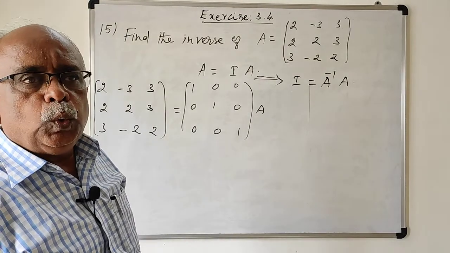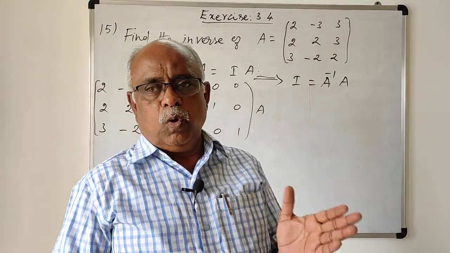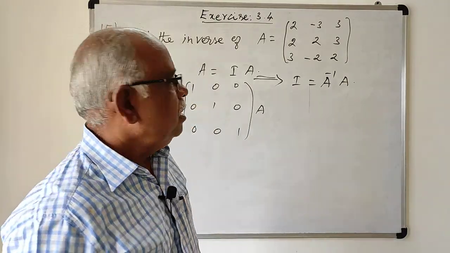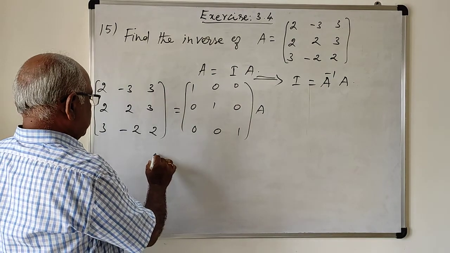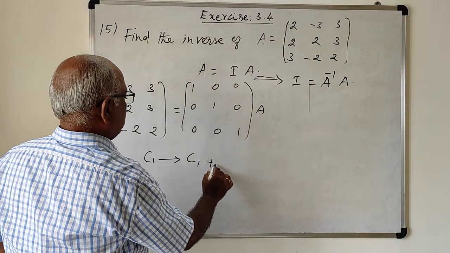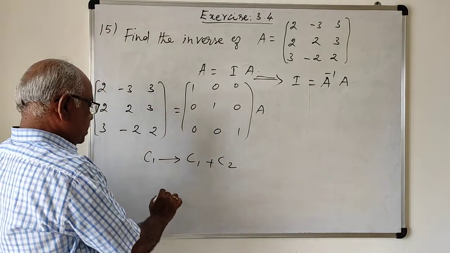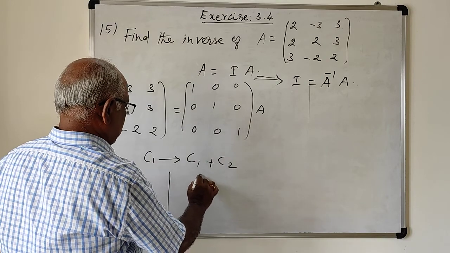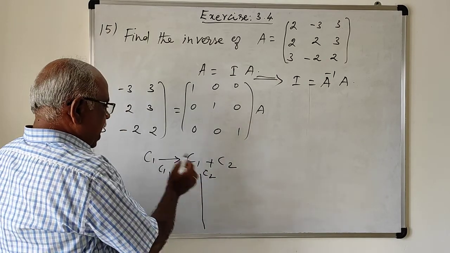I already told you elementary operations are of two types: row operations or column operations. Column operations, just recall, this is column 1 and this is column 2, C1 and C2.